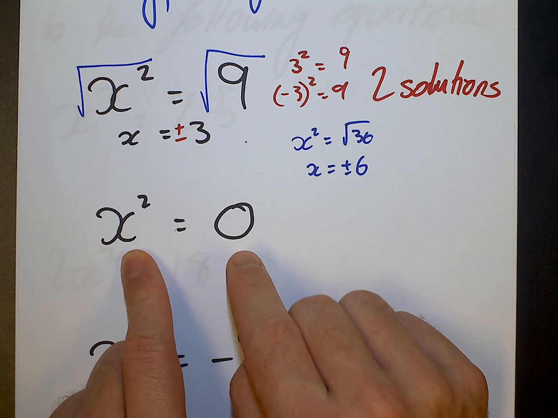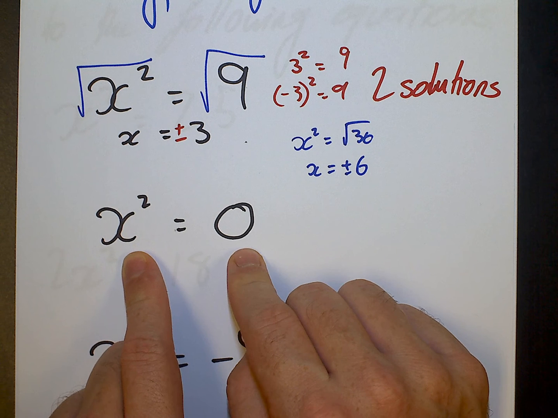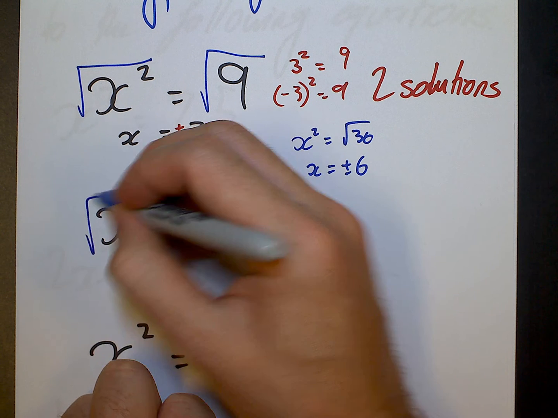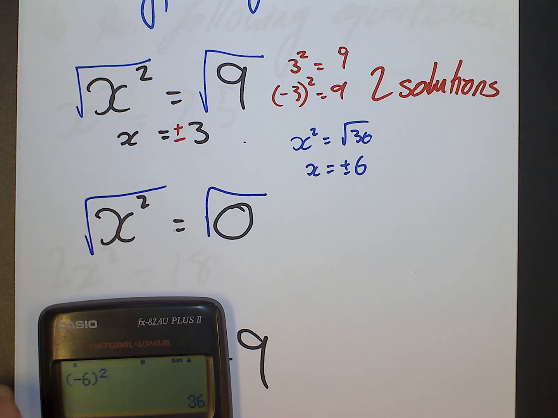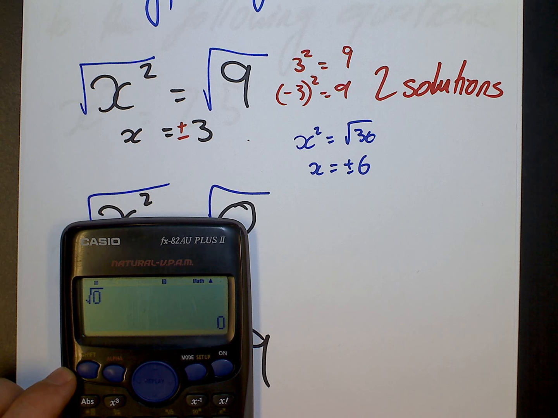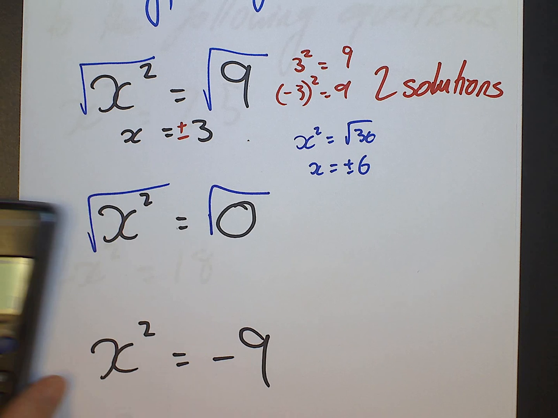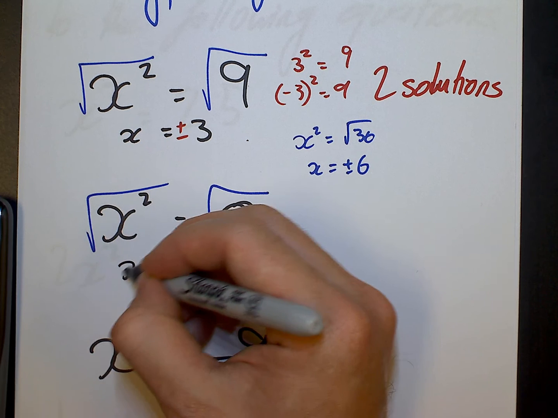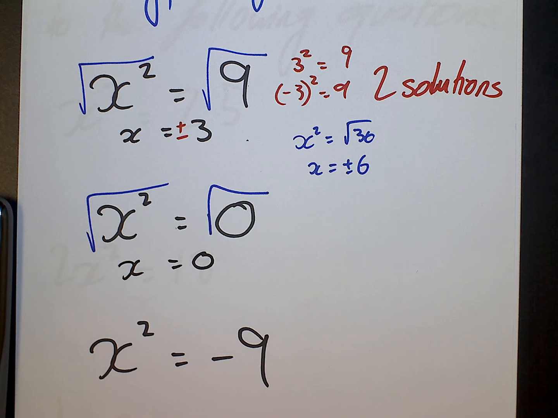X squared equals 0. Now, in this situation, if we square root both sides, the square root of 0 equals 0. What that tells me is x must equal 0, but can it equal any other number? No, it can't.